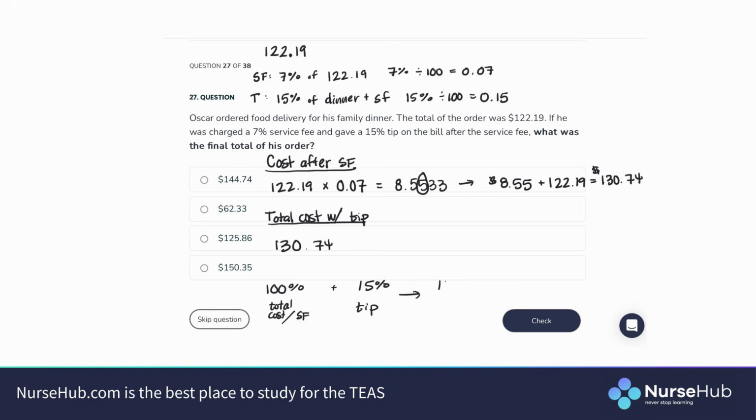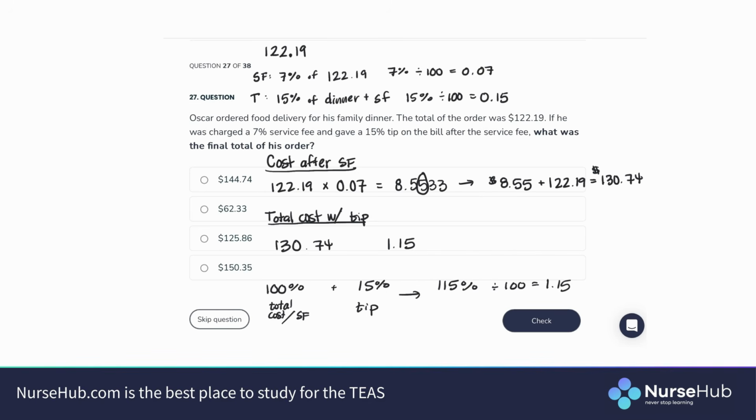That means you're really paying 115% of everything. So I can actually use this to my advantage. 115% as a decimal equals 1.15. So now I can do something between $130.74 and 1.15.